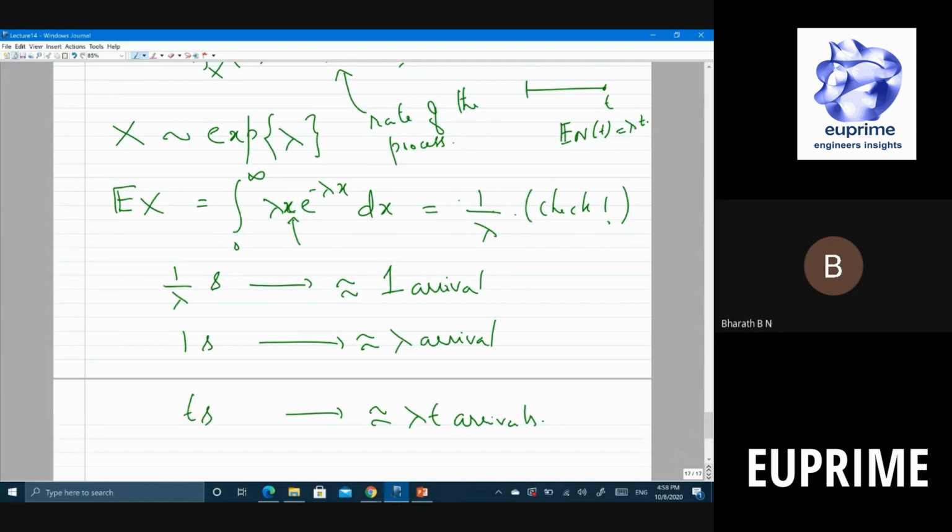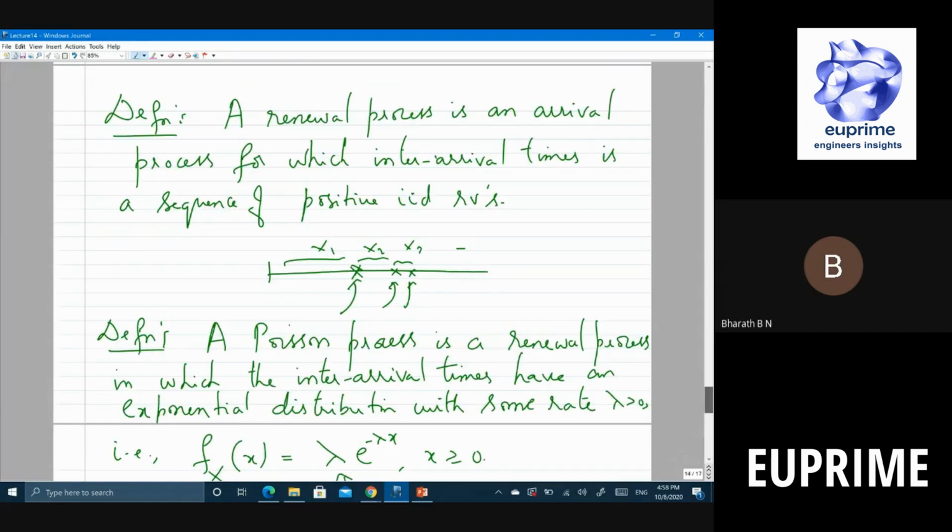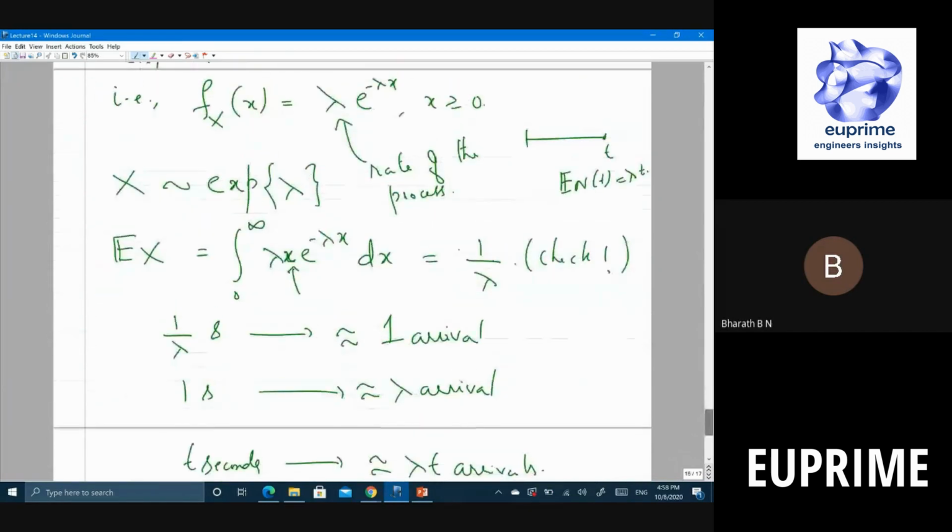This is how we get it. So the average number of arrivals in t seconds is lambda t. If you take lambda as the answer for this integral, then you will get 1 by lambda t, which is not correct. Some people write the exponential as 1 by lambda e power minus x by lambda.